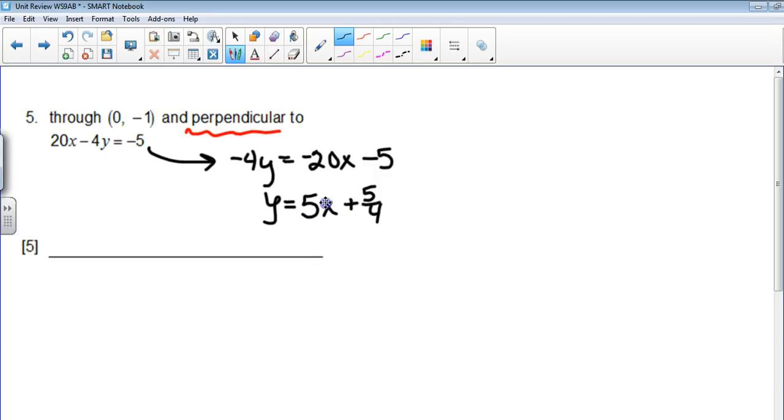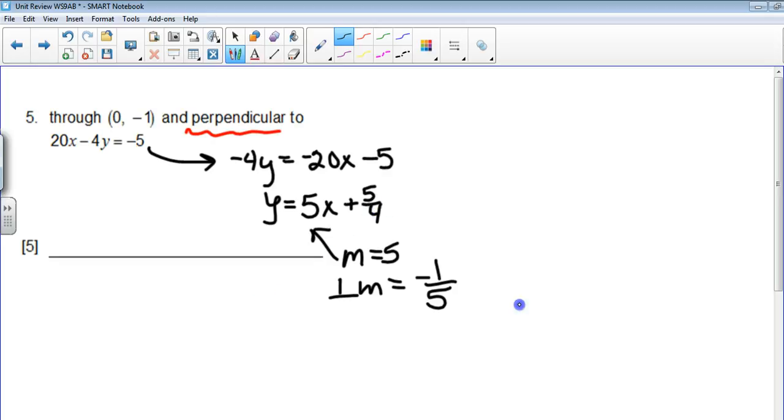Get something disgusting like that, but all I need is the slope, right? Be careful. Isn't the slope of this one 5? So what's the perpendicular slope? We okay? We don't need this ugly number back here at all. It was the y-intercept of that line.